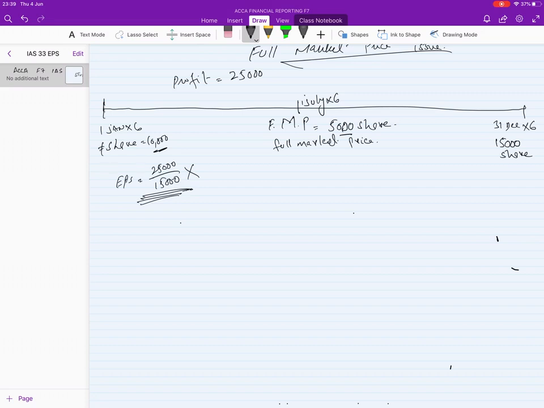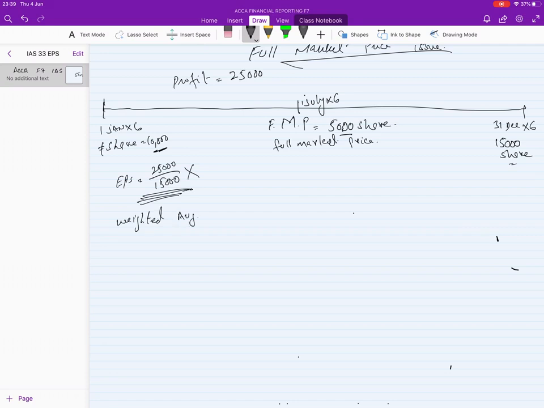Okay, we will calculate the EPS in a correct way now, because in the same year the company has issued a number of shares. It means the number of shares in the opening balance and closing balance is not the same, so you have to calculate the weighted average number of shares.